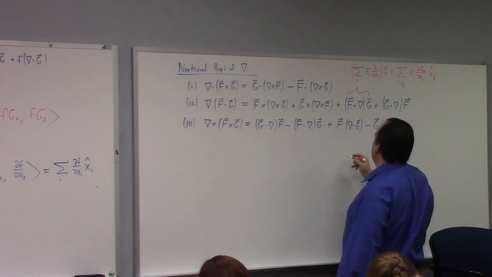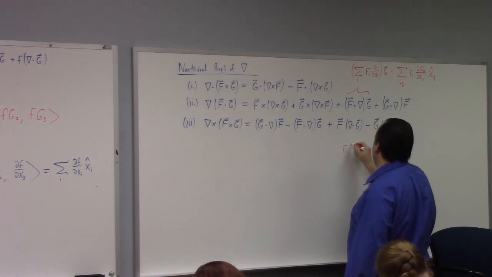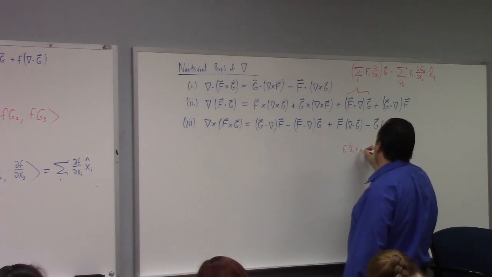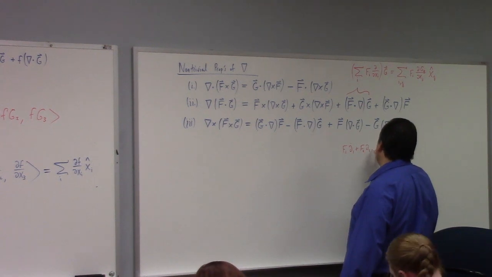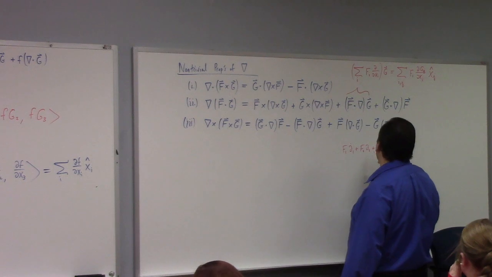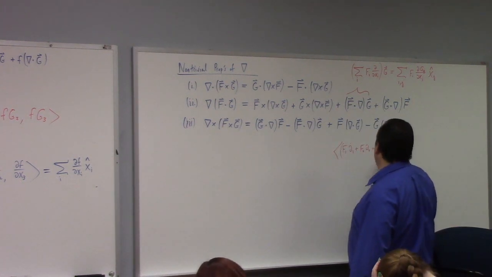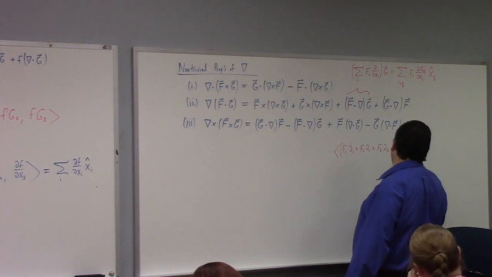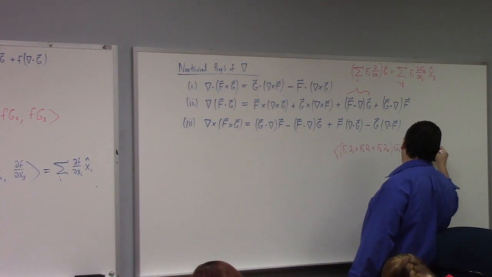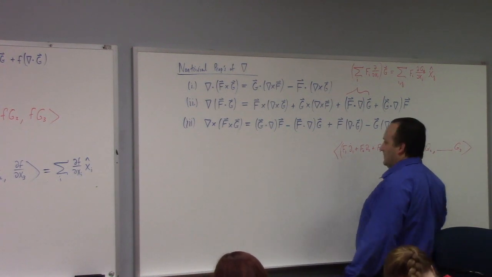To be more explicit, it's literally like f1 partial 1 plus f2 partial 2 plus f3 partial 3, that acting on g1, the same acting on g2, the same acting on g3.